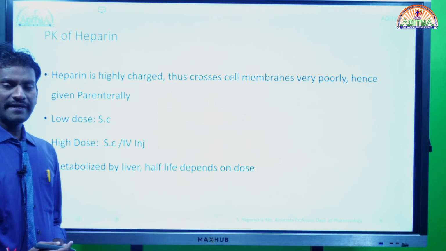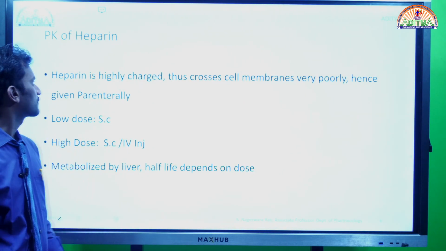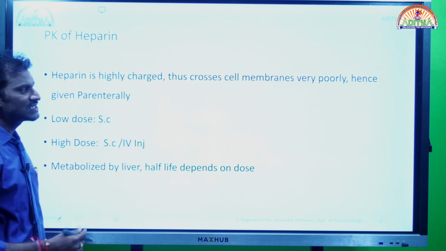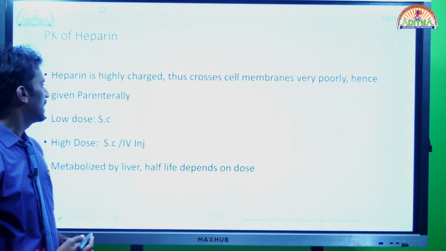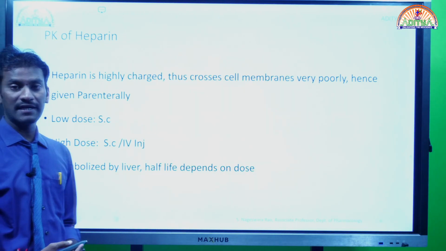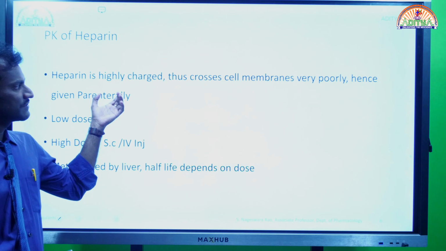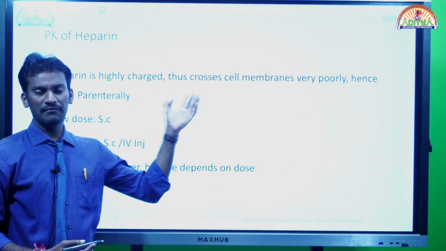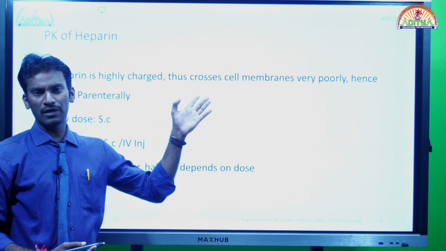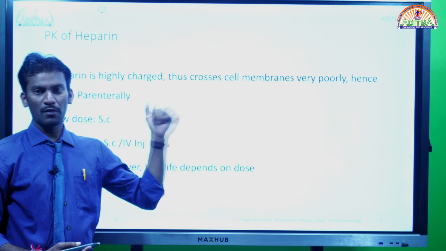Coming to the pharmacokinetics, ADME of heparin. Heparin is a highly charged molecule, so it crosses cell membranes very poorly, hence it is given parenterally. Because of the charge, it can permeate the various membranes very poorly. So it can't be administered by oral route.